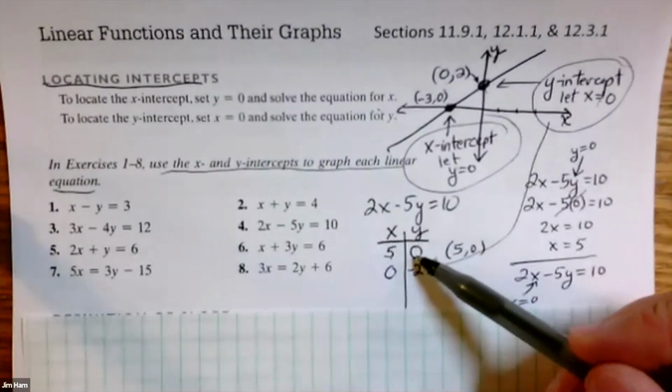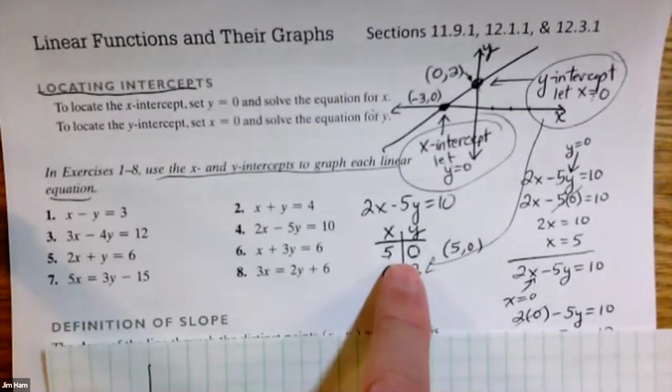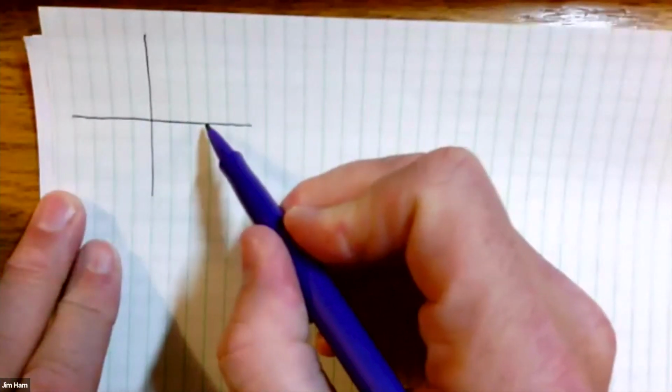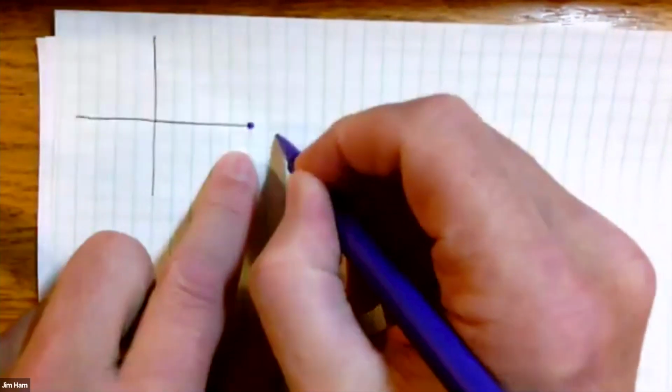All right, so I'm going to plot those 2 points, and then we're going to have the line. The first point is 5, 0. So 1, 2, 3, 4. Right there is 5, 0.